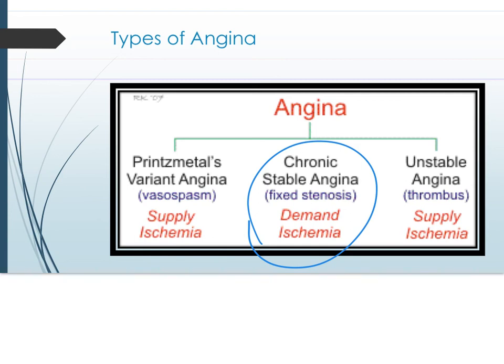Or I'm going to walk a mile. That could cause me to develop chest pain. I will sit down, take a nitroglycerin, and the pain will go away. So that is essentially what chronic or stable angina is. You have a narrowing or a fixed stenosis of an artery, and that leads to episodes of angina.